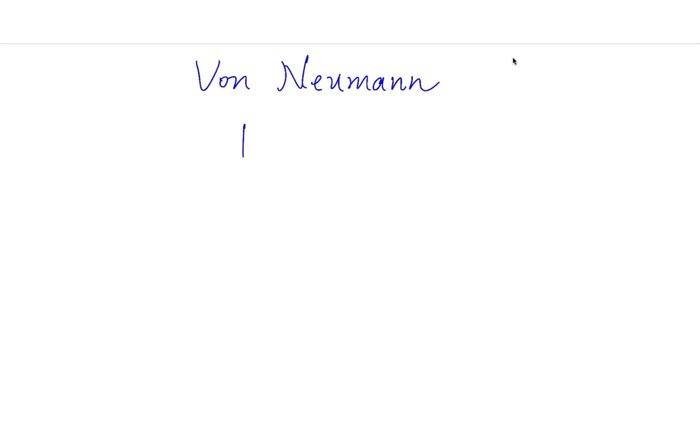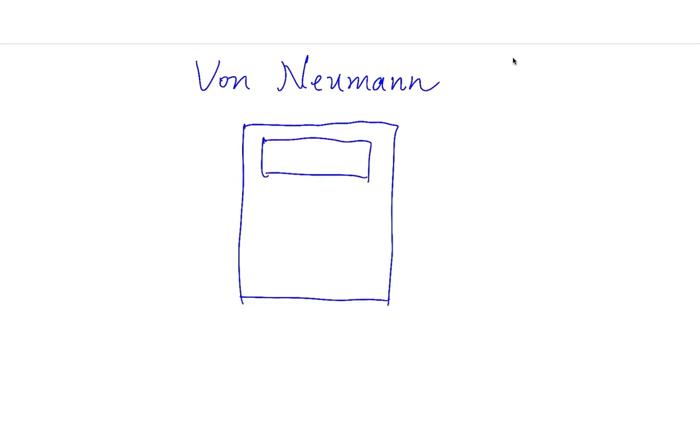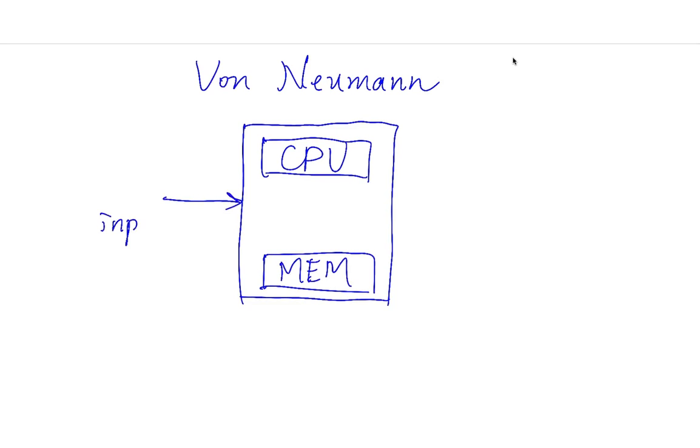Basically, von Neumann architecture is nothing but a CPU and a bunch of memory cards, and also input as well as output. And that's it. Pretty simple, right?